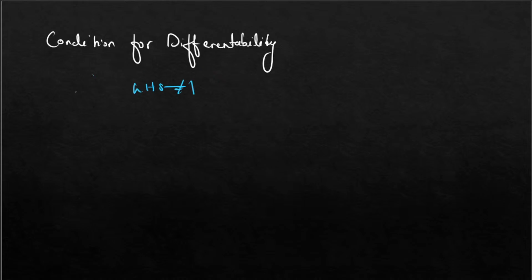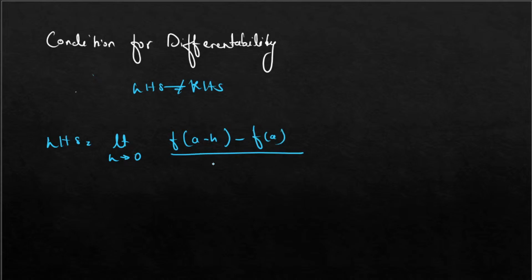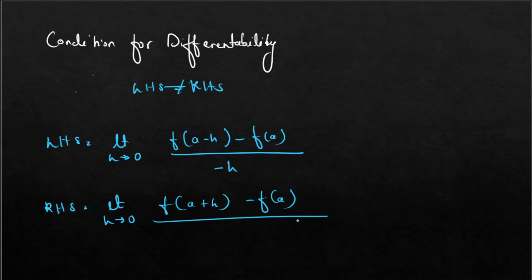LHS not equal to RHS, where LHS equals limit h tends to 0 of (f of a minus h minus f of a) by minus h, and RHS equals limit h tends to 0 of (f of a plus h minus f of a) by h.